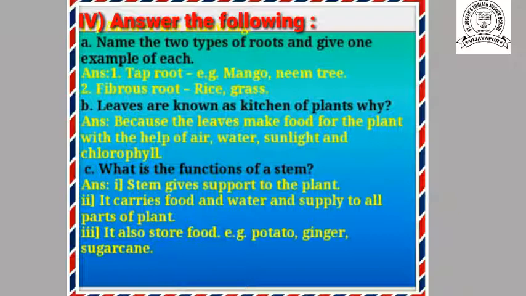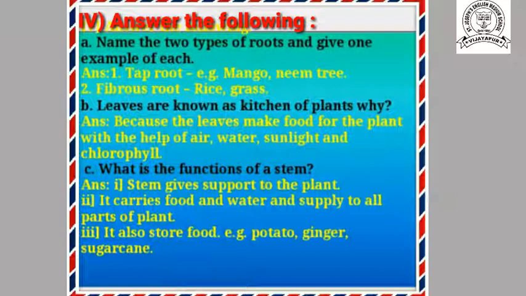Now next question. Leaves are known as the kitchen of the plant. Why? Because the leaves make food for the plant with the help of air, water, sunlight and chlorophyll. So got it, children, what is the answer?